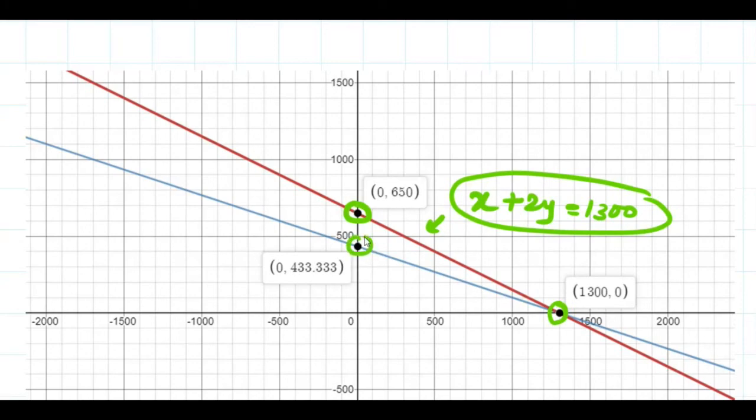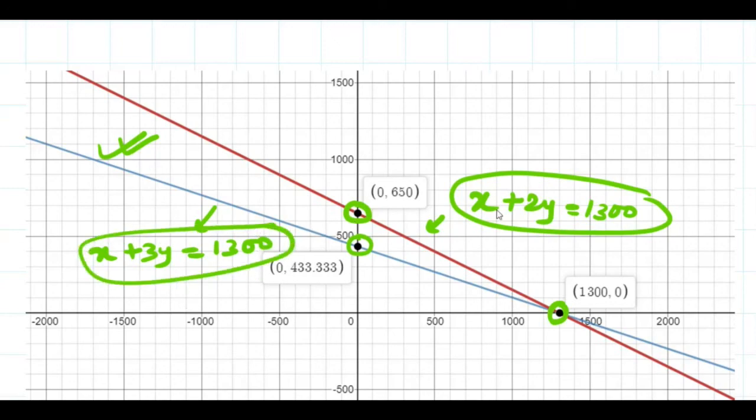Further, this point is (0, 433.333) and this is the point (1,300, 0). When we connect these 2 points, we have the blue line which corresponds to x plus 3y equals 1,300. So this is the graphical or geometrical representation of these two equations on graph.